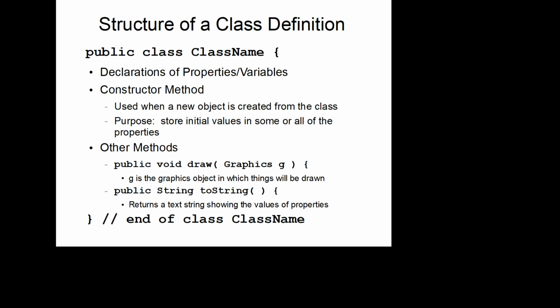That was similar to the way you were doing things in Lab 2 with g.fillRect and g.drawOval and g.setColor. So we'll have a draw method where we can do that. And then there also will be what's called a toString method, which will return a text string that shows the values of the properties, so we can see what the values of the properties of this object are.